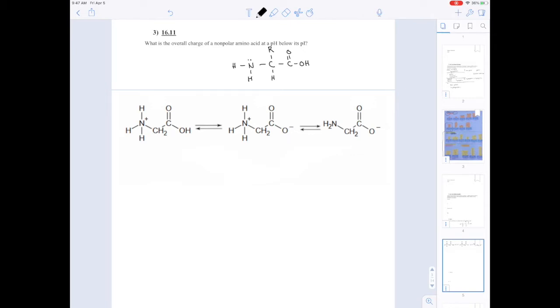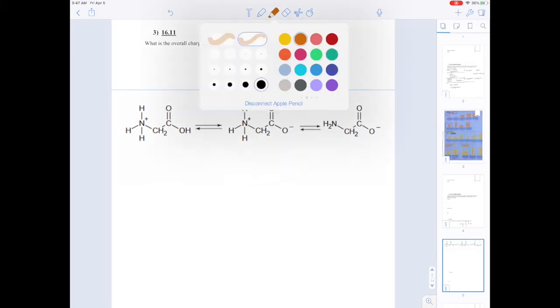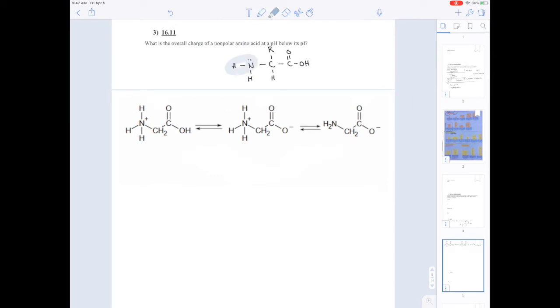Okay, notice though that in this molecule we have two dynamic functional groups. The amine is a base, and the carboxylic acid is an acid. And so when you put this molecule into water, both of those functional groups are going to change.